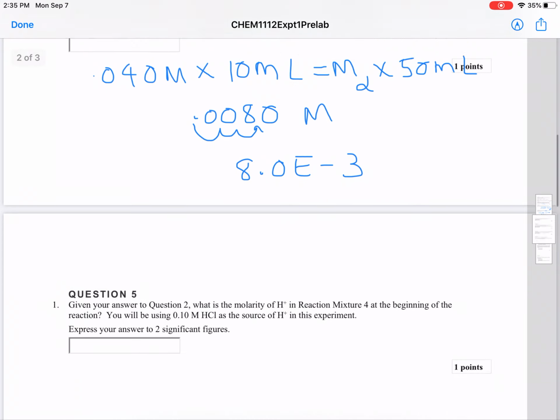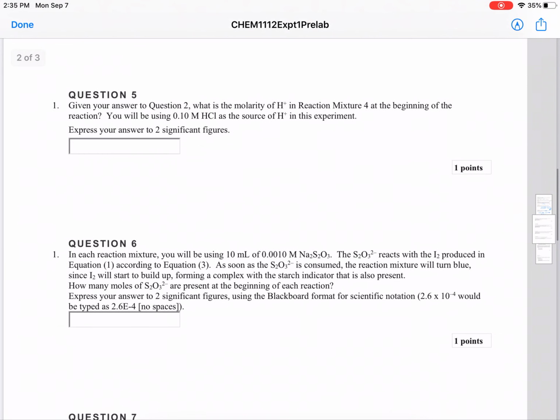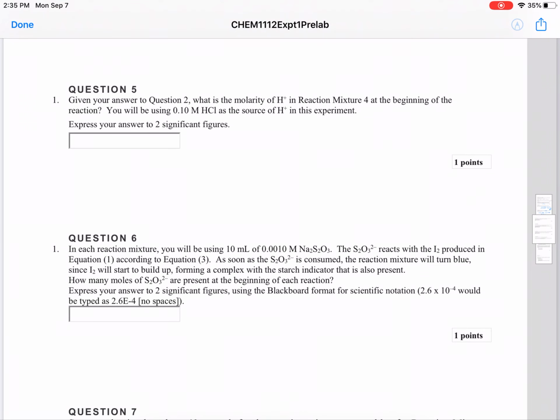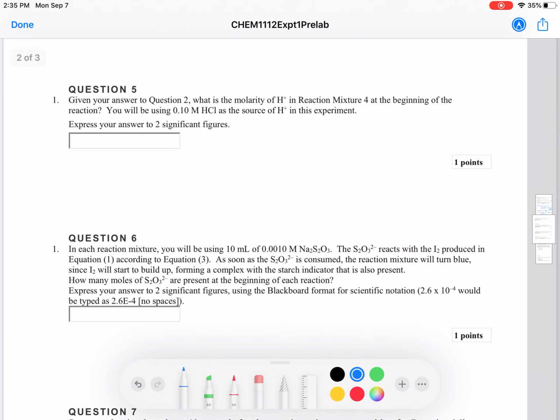And then the next question: given your answer to question 2, what is the molarity of H plus in reaction mixture 4? Now you have to refer to reaction mixture 4 and see what volume of HCl you're going to be using. We are given M1, 0.1 molar HCl. Refer to the table, and you will find that it is 20 milliliters.